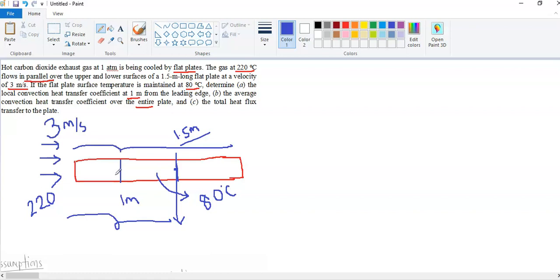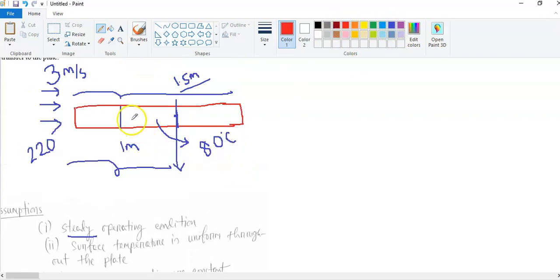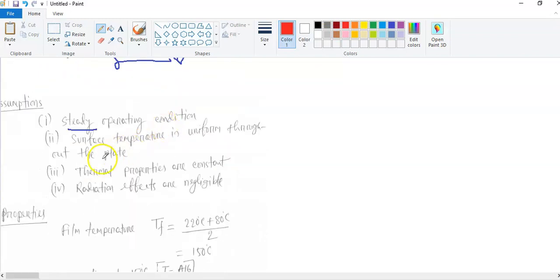So here we have some assumptions. We consider this system to be steady, so steady operating conditions exist. The surface temperature throughout the 1.5 meter plate is constant and uniform, not changing, at 80 degrees centigrade.